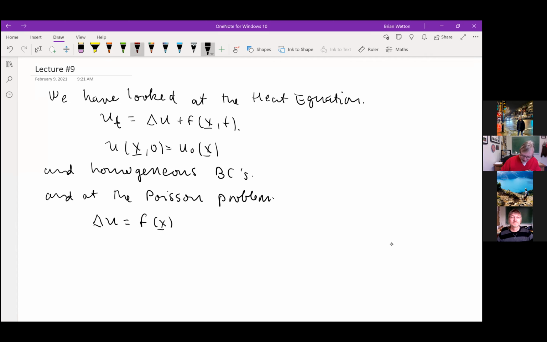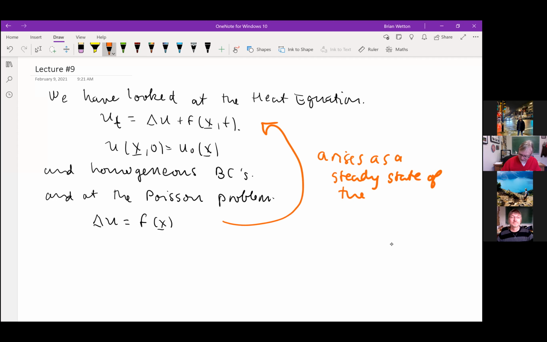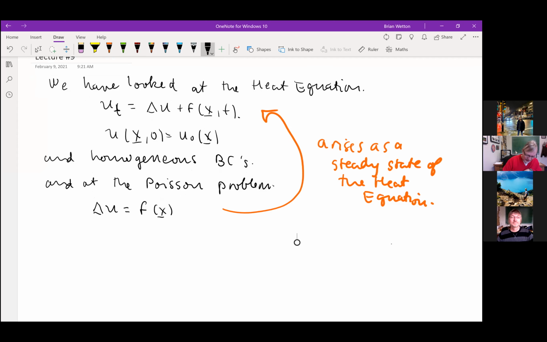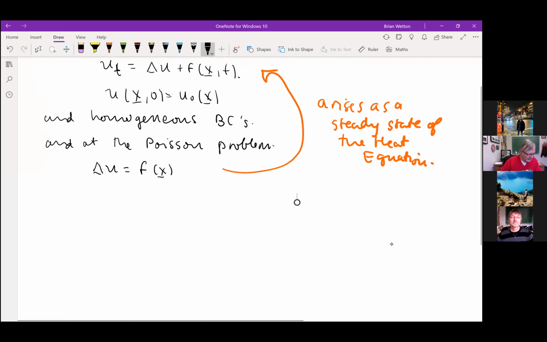You can see right away that this can arise as a steady state of the heat equation. That we also looked at with homogeneous boundary conditions.